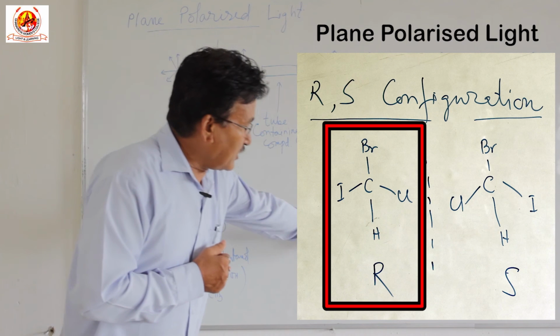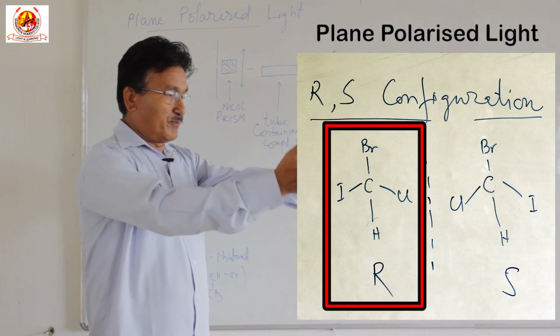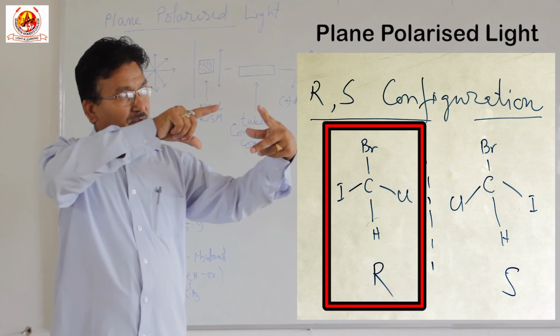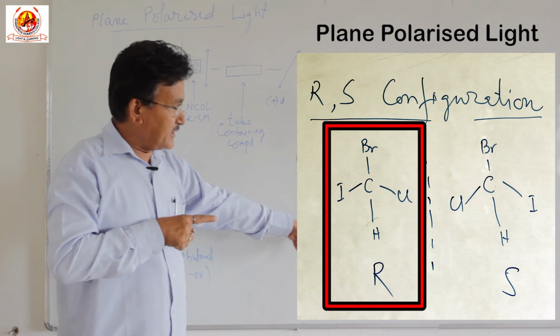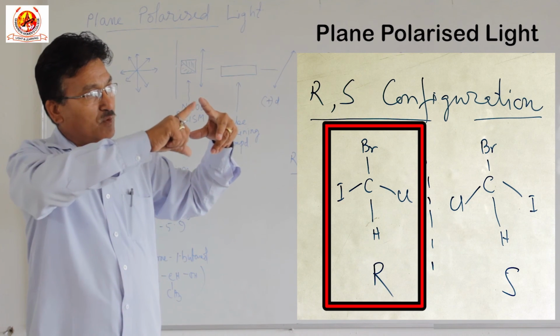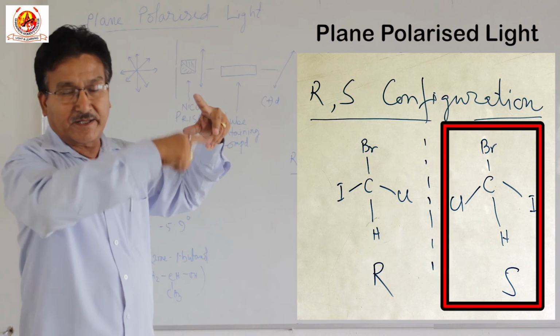If the least priority group is away from me, and these three groups come like this, if the priorities are assigned here, then the priority rotates 1, 2, 3 like this. It should be rectus, right-handed.